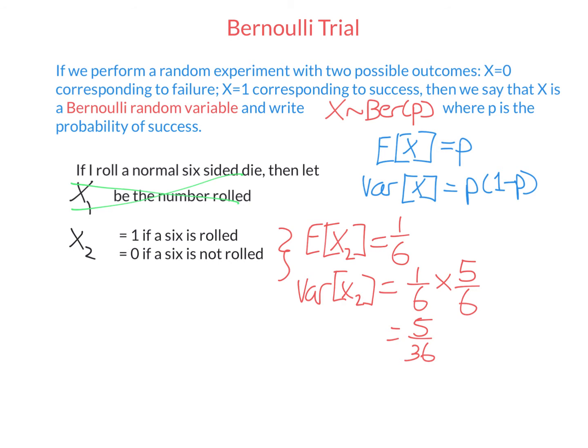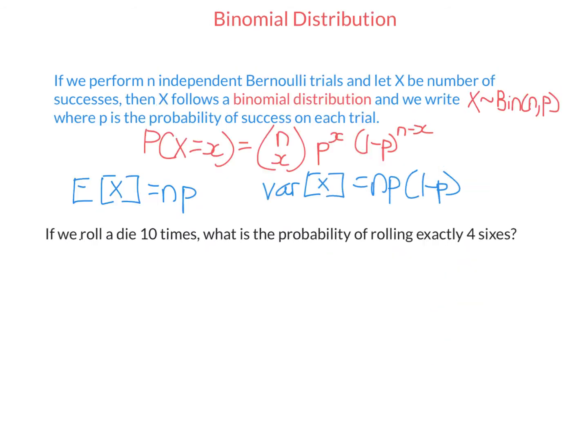So let's now look at the binomial distribution. When we perform many, in this case I've just said n, independent Bernoulli trials, we end up with a binomial distribution. So the binomial distribution calculates the probability you get a certain number of successes from heaps of independent Bernoulli trials.